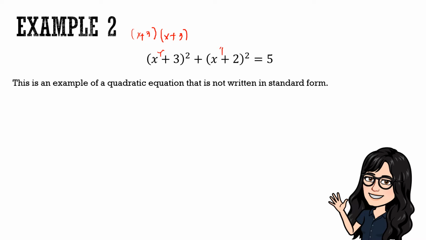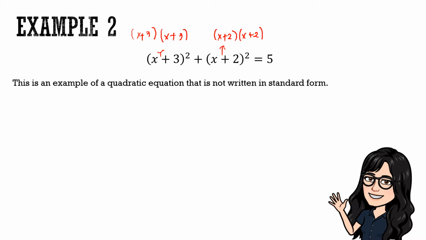Same as in this part, we can expand this as x plus 2 times x plus 2. Or the easiest way in expanding is by the use of the square of binomial.